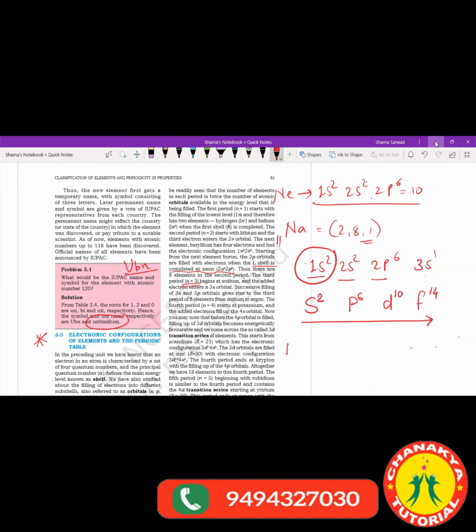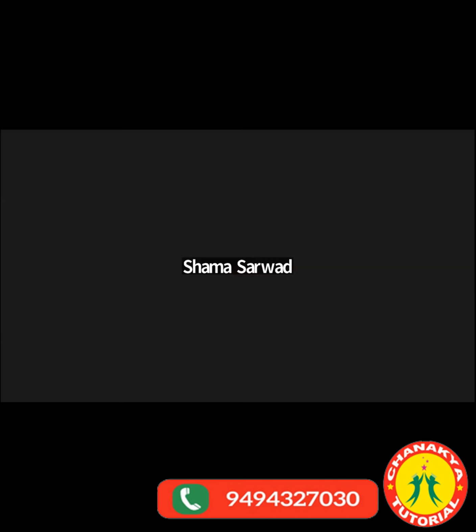Wait a minute. I'm going to stop sharing this. I'll share the image, the way how you're supposed to fill the electrons.